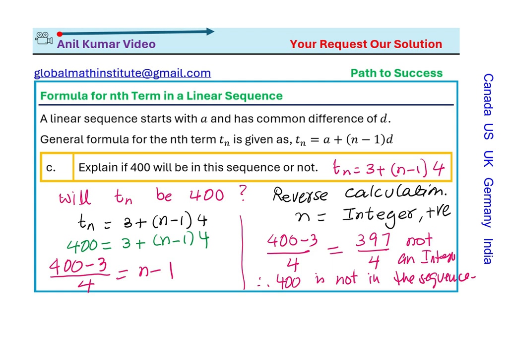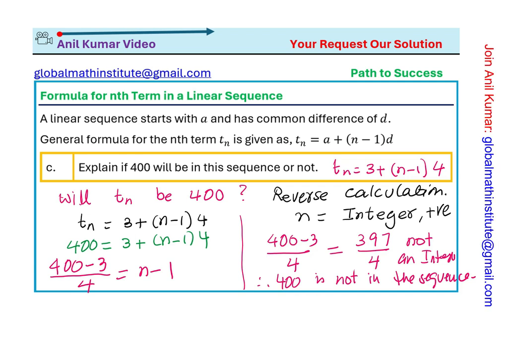It does not follow that rule. Any number here, when you subtract 3, should become a multiple of 4. 400 is a multiple of 4, so subtracting 3 gives 1 less than a multiple of 4. You get the whole idea. So 400 is not a part of the sequence.